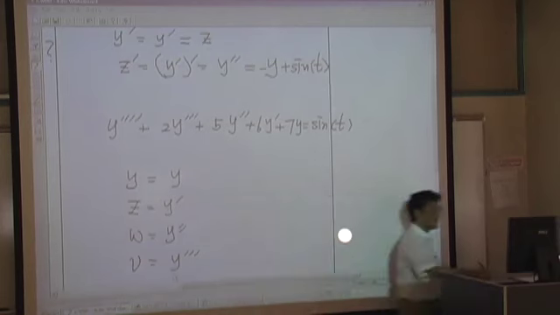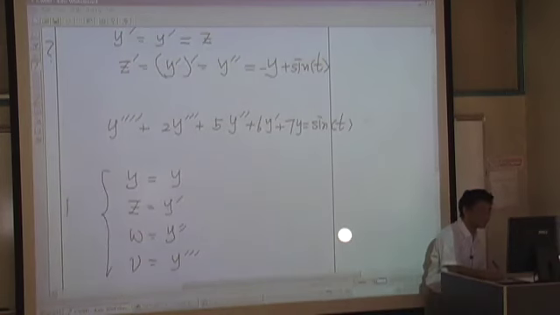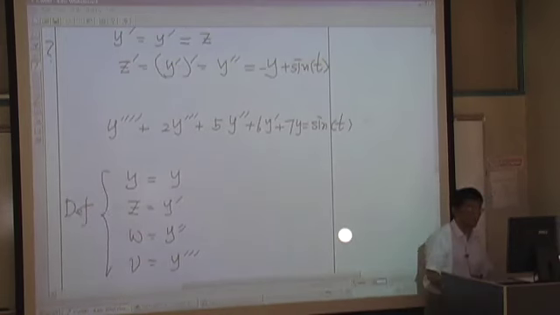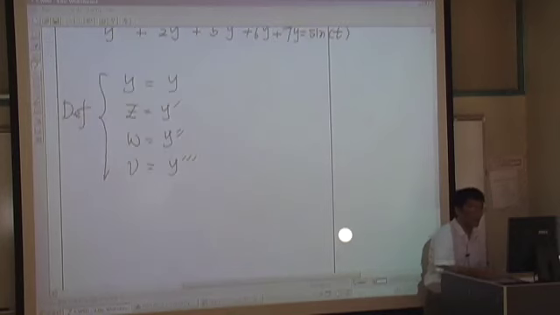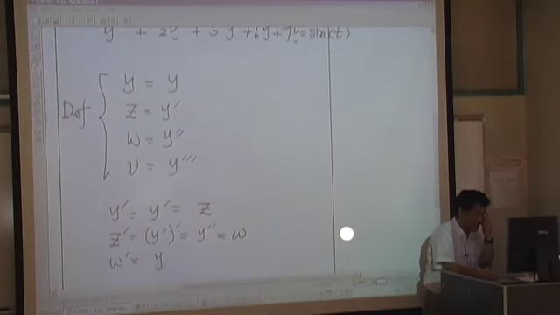So this is the definition part. And then now the real application part will show up. y prime equals z. And then z prime equals y second derivative, which is w. And then w prime equals y third derivative, which is v.